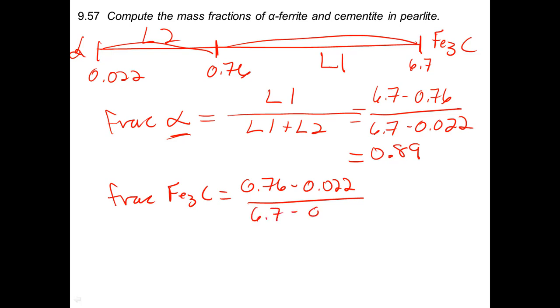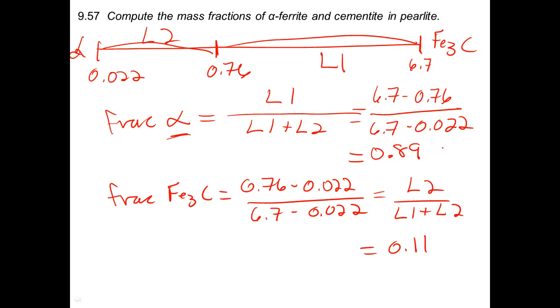We can write a similar expression for the fraction of cementite in perlite using L2 in our numerator now instead of L1, same denominator, and calculate that the mass fraction of cementite in perlite is 0.11.